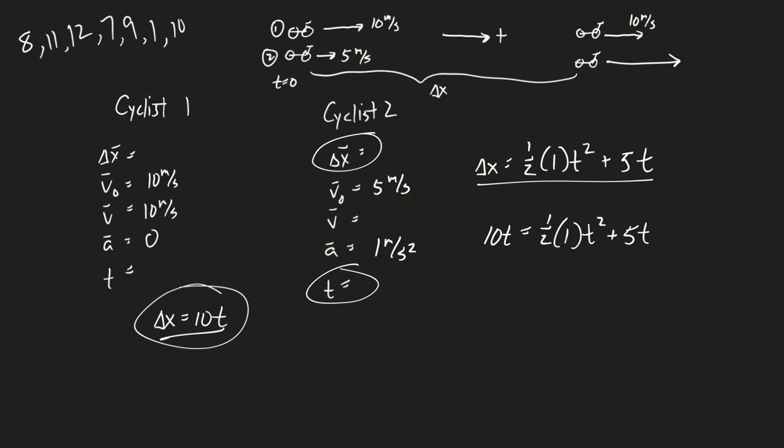All right, so I want to solve for time here, and I think the only way to do so is to do that. I get two answers for time. Factoring out one of the t's, I get t equals 0, and t equals 5 divided by 0.5, which has got to be 10 seconds.